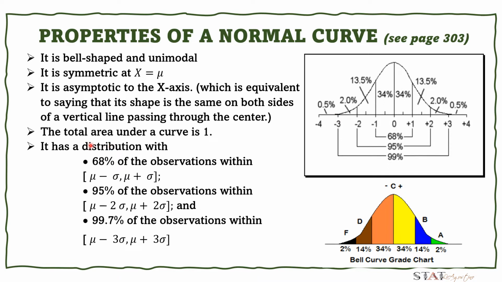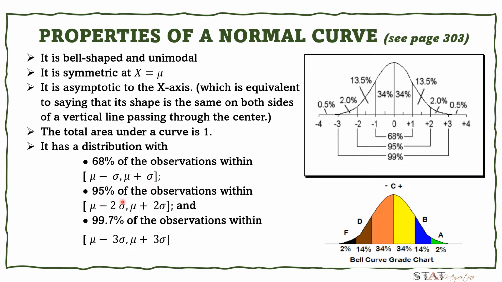And again, the probability principle that we have, so the total area under a curve is 1. So it has a distribution with 68% here from one standard deviation. 68% of your observations fall within this area, so it can be your mu or your mean minus your standard deviation, to the range until your mu plus your standard deviation.